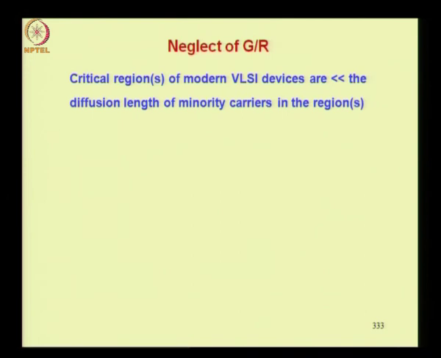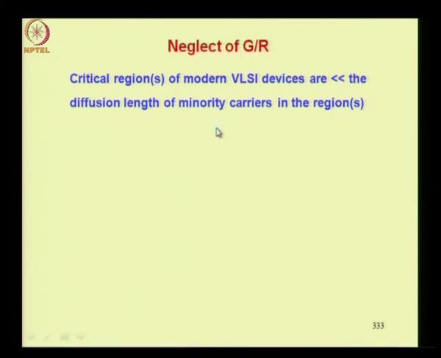Before closing this lecture let us look at one more approximation that is commonly very useful: neglect of generation recombination. Critical regions of modern VLSI devices are much less than the diffusion length of minority carriers in the regions. So critical it is the length of the critical region, that is what we mean here.